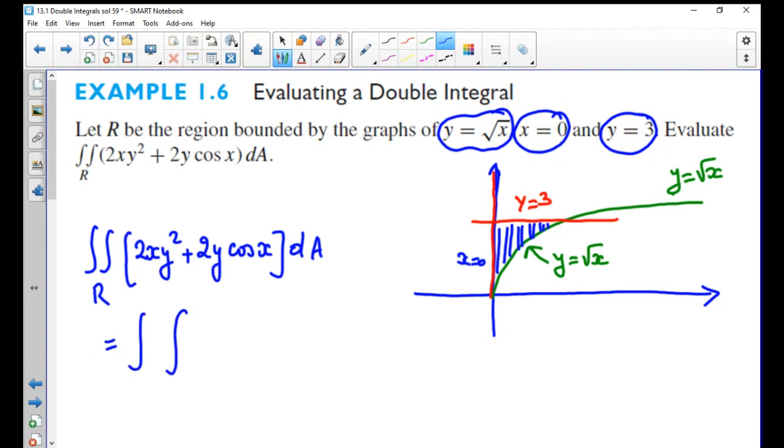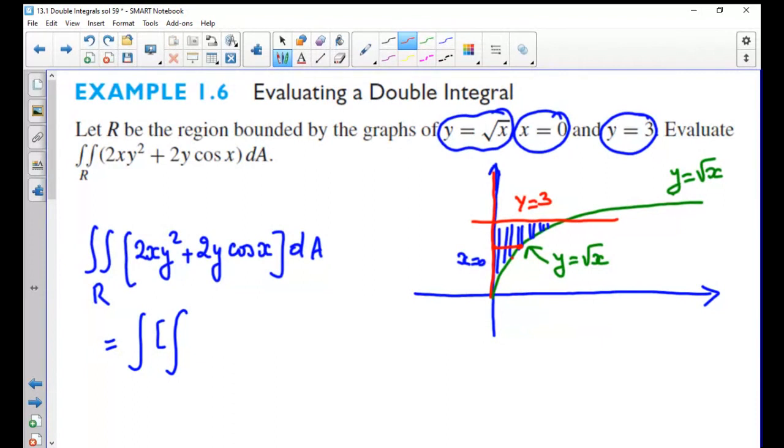So what do you think? Here it doesn't matter, we can start with an integral with respect to x. That's perfectly fine. Or we can integrate with respect to y also.